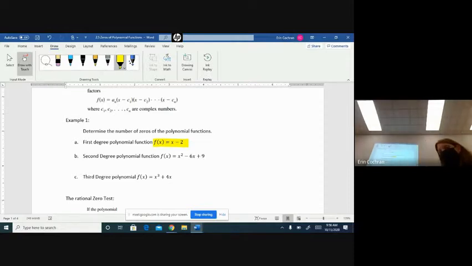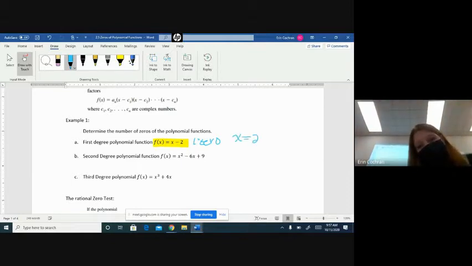How many solutions would I have? I just have one. And remember, our zeros are our x-intercepts. Can anyone tell me what my zero would be? 2. x would equal 2, because if I set x minus 2 equals 0, we add the 2 to the other side. So that linear function would cross the x-axis at 2.